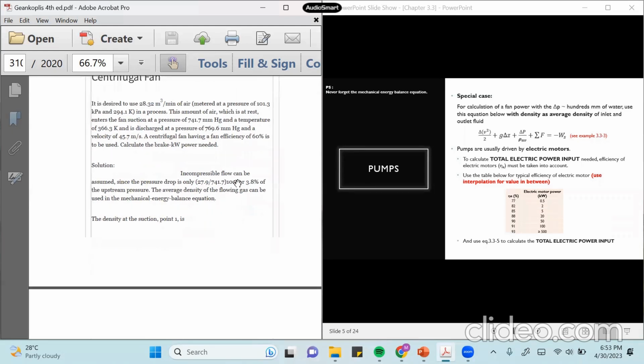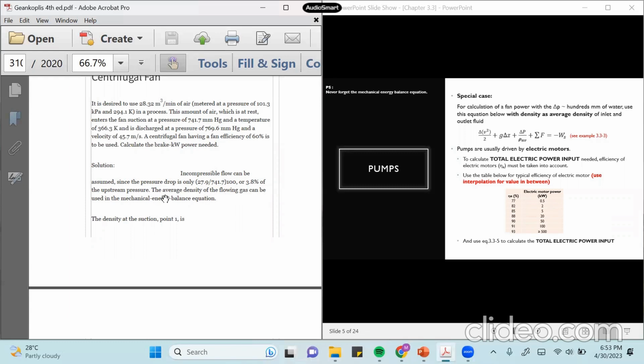Incompressible flow can be assumed since the pressure drop, from discharge minus inlet suction line, is only 3.8% of the upstream pressure, so it can be assumed as an incompressible fluid.